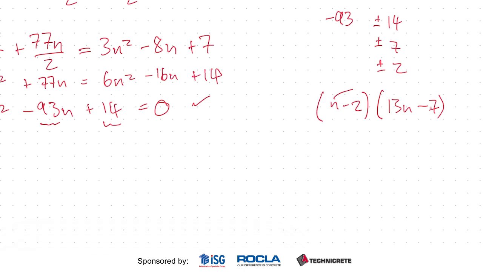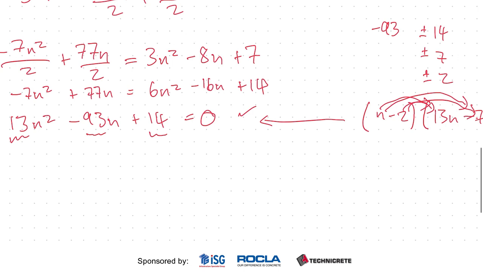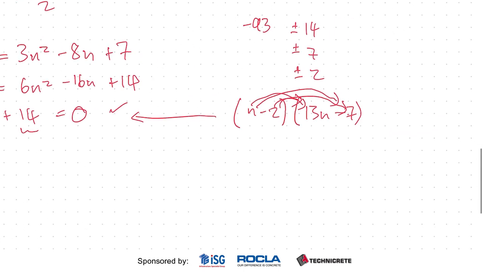And then multiply it out using the FOIL method, see if you can get back to this. Just a bit of trial and error. So this is actually wrong, I just realized it should be the other way around.